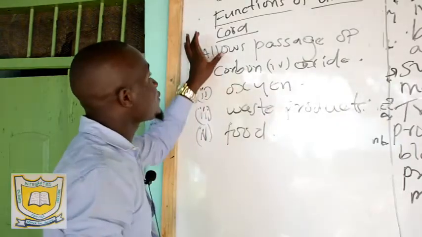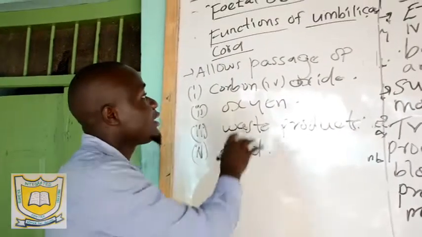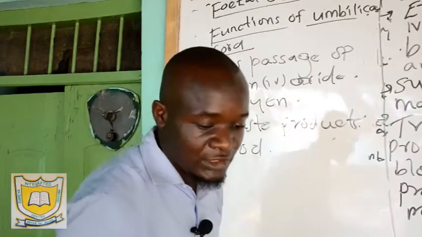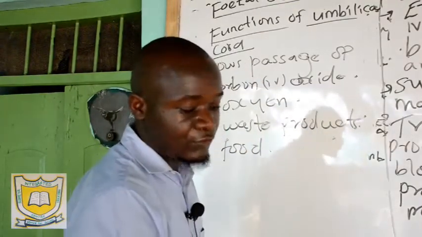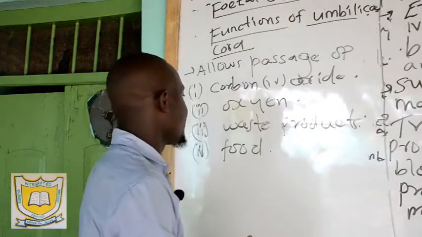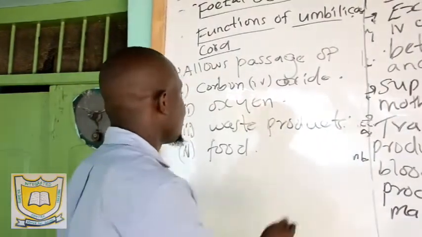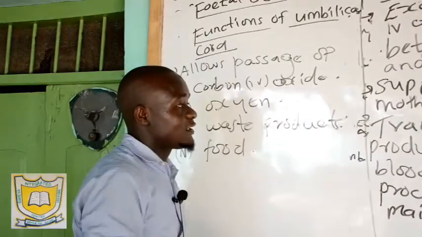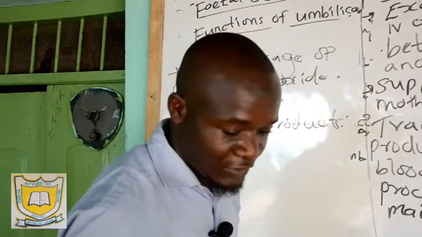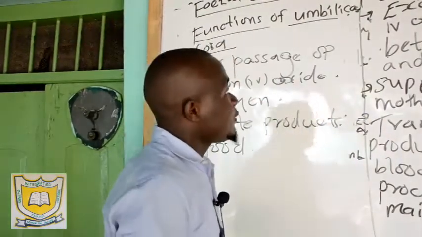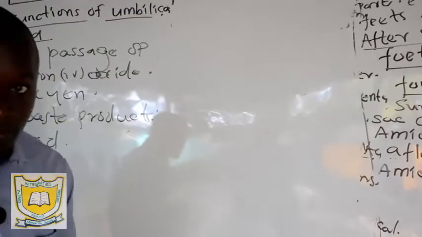The main function of the umbilical cord is to allow passage of oxygen, food, and the waste products. The waste products, for example the carbon dioxide, and others that are produced from the fetus.